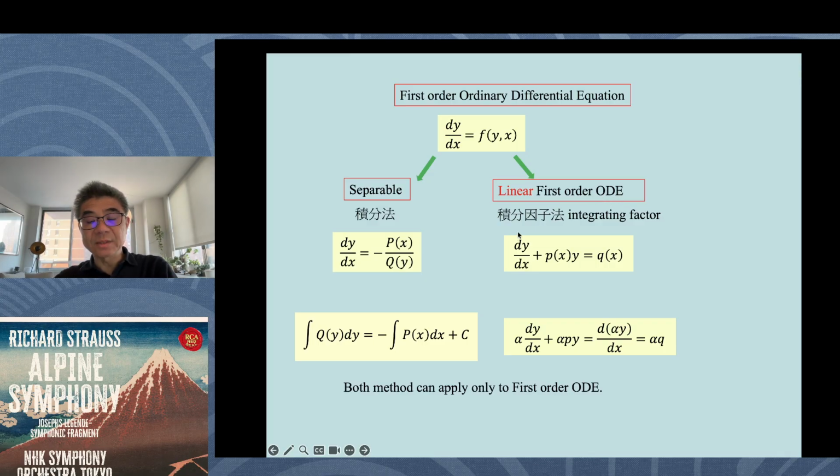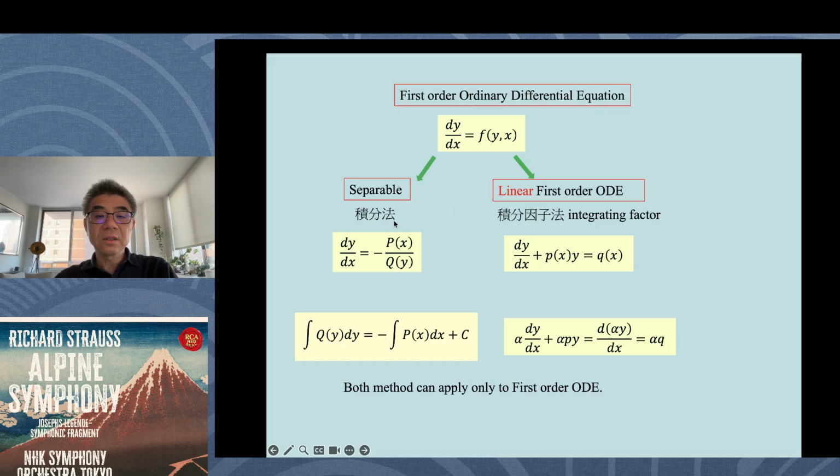And then, as I have shown in the past hour, we can use the integrating factor alpha to make the left-hand side into a derivative of alpha times y. And then you can again take an integration so that we get the solution. So that's a general case of what we can say about first order ordinary differential equations.